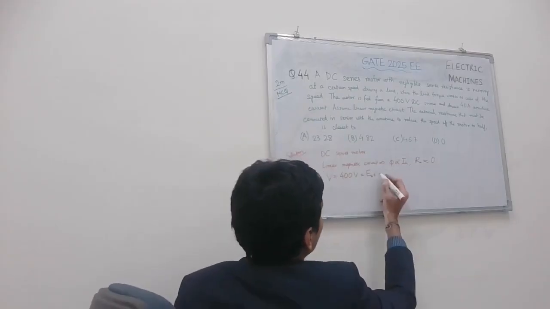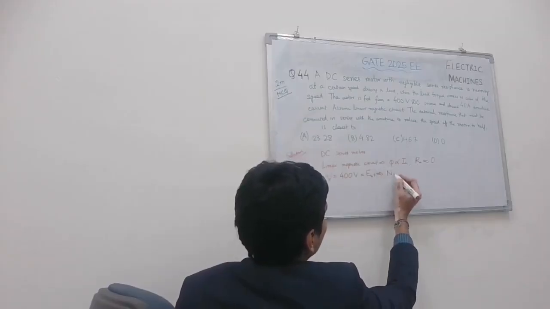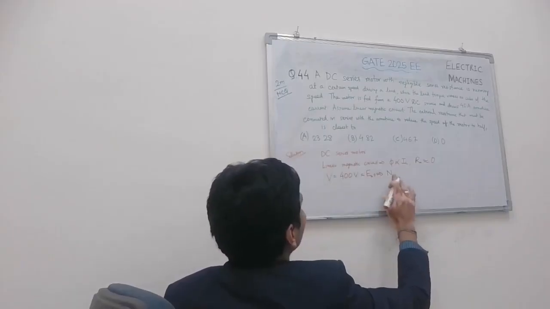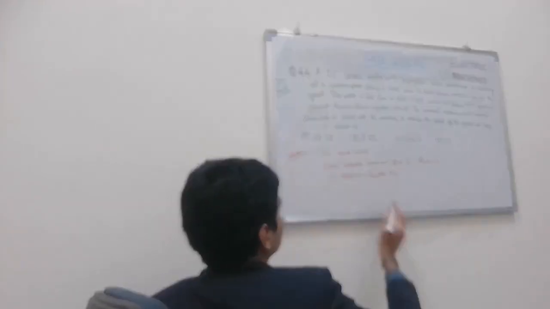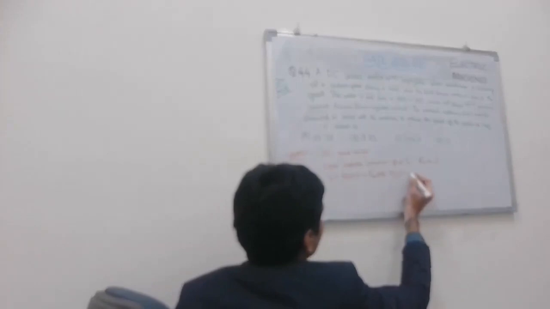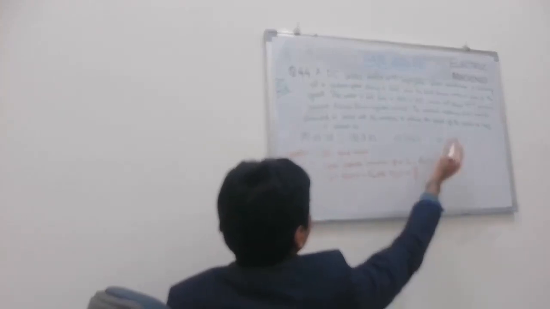Let's say the motor speed was n. Now we have to reduce the speed to n by 2, that is, to half.